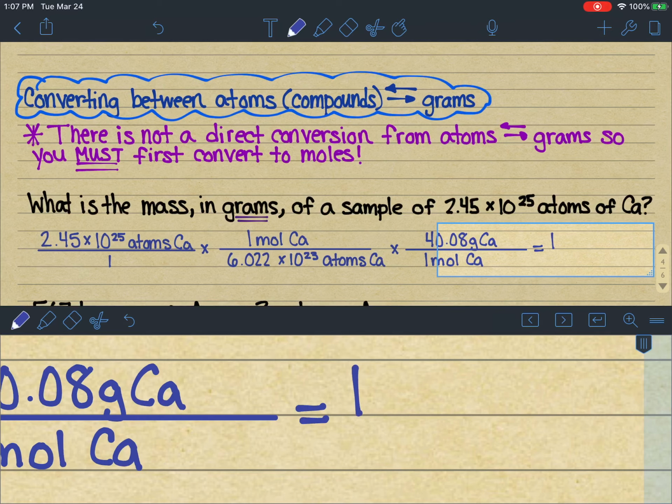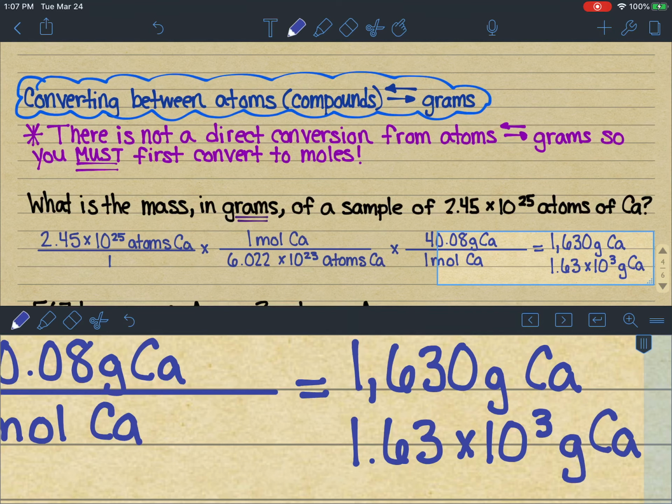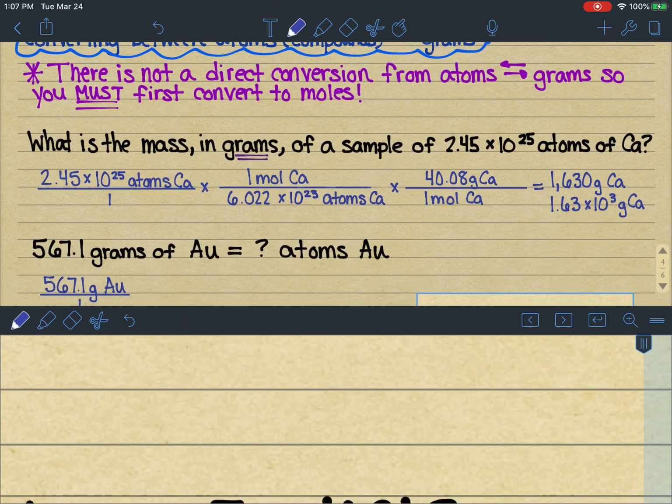Rounding to sig figs, I get 1,630 grams of calcium. Now on an assessment, I would want you guys to write that out as 1.63 times 10 to the 3rd grams of calcium, so it's really sticking with that scientific notation for numbers larger than 10.